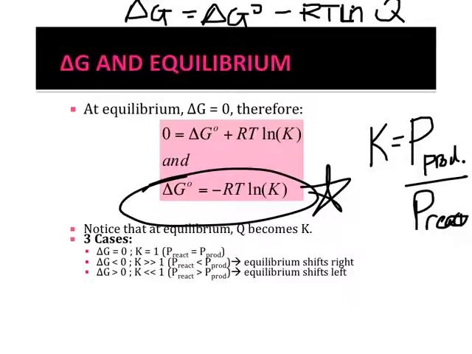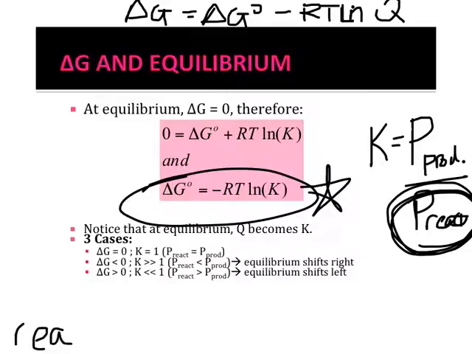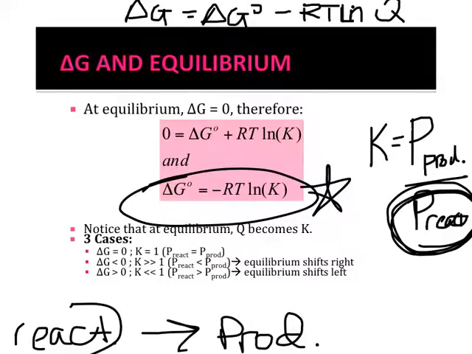If K is much larger than 1, that means I have a small value in the denominator, a small reactant. Remember we have reactants making products, right? So if I have a small reactant concentration, the reaction is going to shift to the right to make more products.